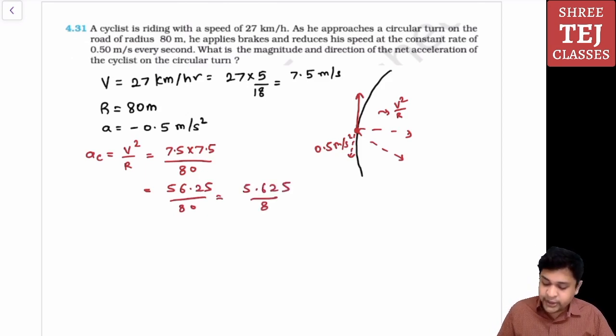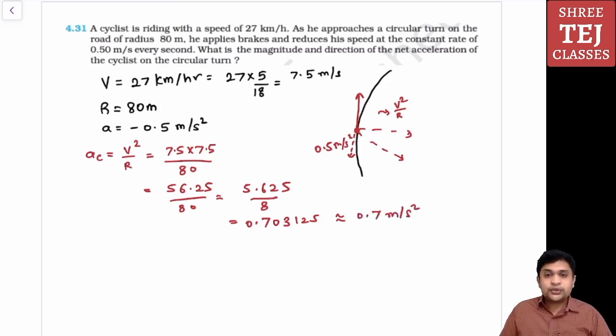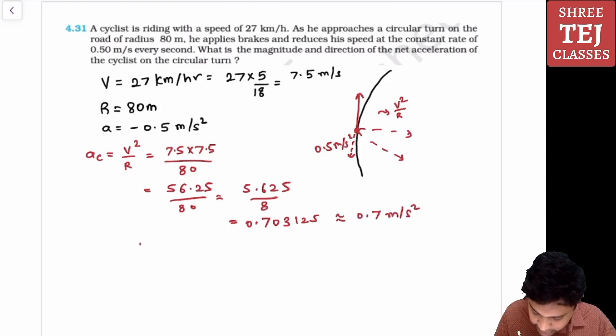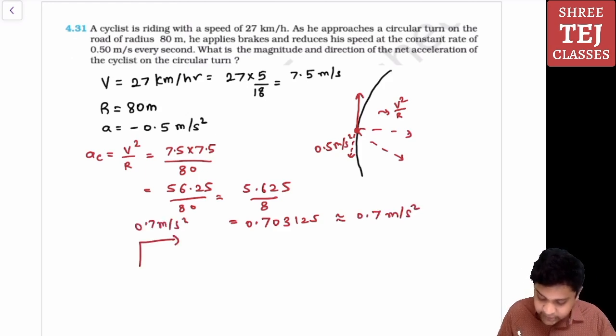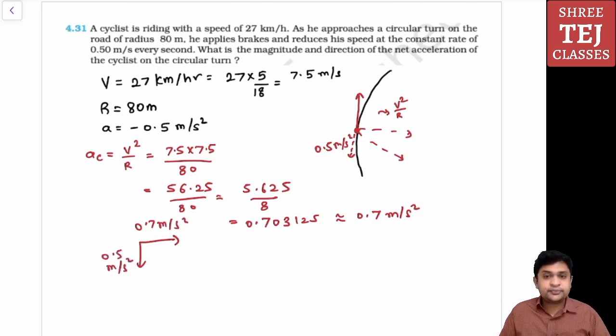So we get 0.7, approximately 0.7 meter per second square. So acceleration in this direction is 0.7 meter per second square, and in this direction is 0.5 meter per second square.